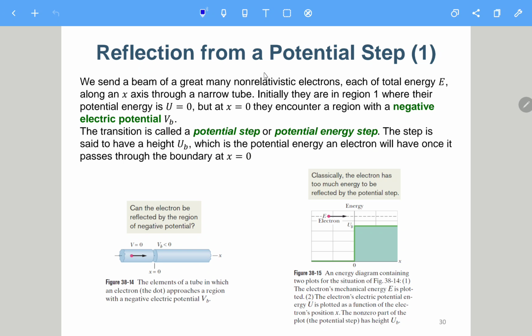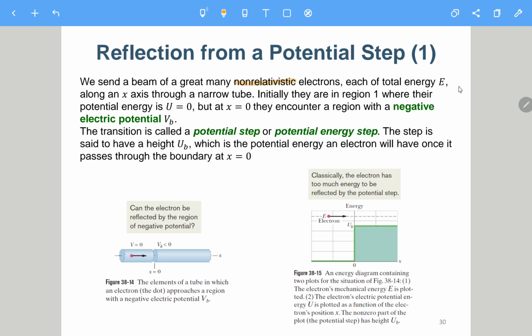You just assume the velocity is low. Actually, you can still consider the relativistic effect here, but it will make things more complicated. So for simplicity, we assume the electron speed is low enough, so we just ignore the relativistic effect.